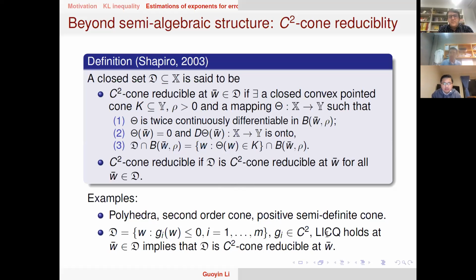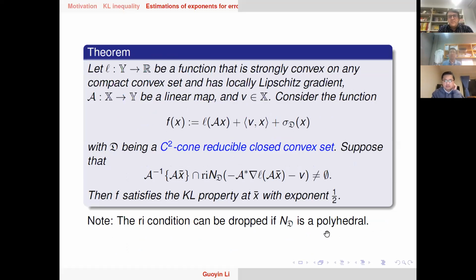Okay, so with this one, we can also show that if your function has the following form, the function can be decomposed into a composite structure where L is a strongly convex function with locally Lipschitz gradient, composed with a linear map, added with a linear function and also a support function of a C2 cone reducible closed and convex set.